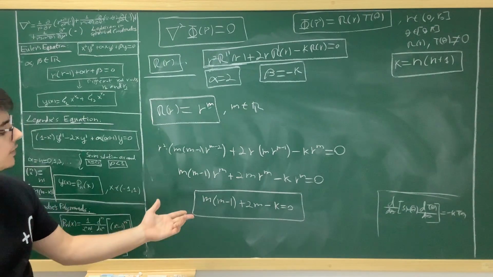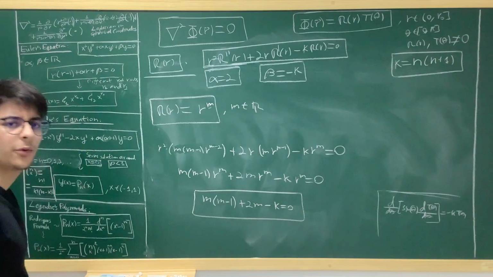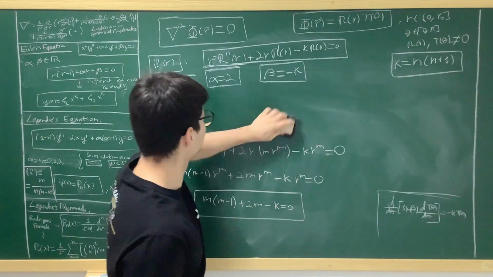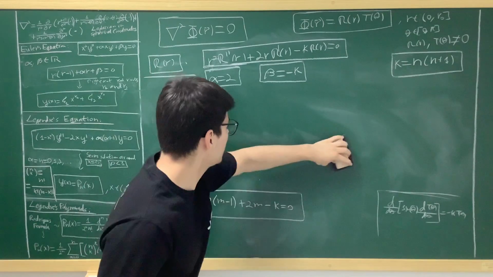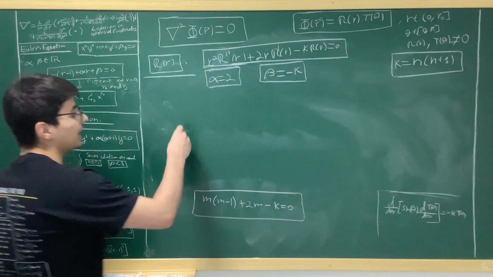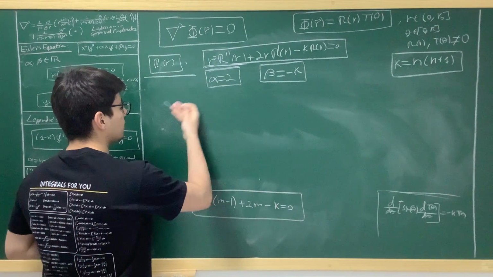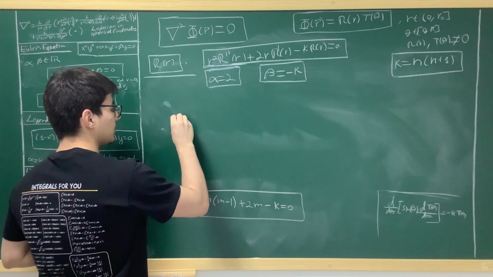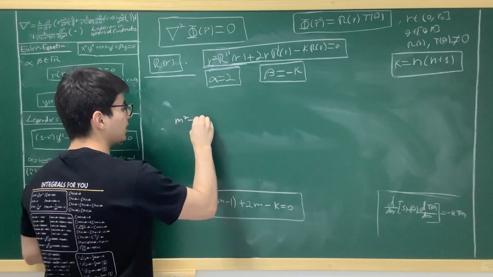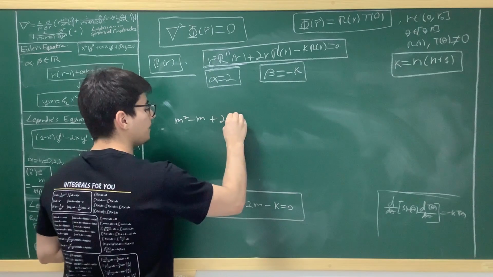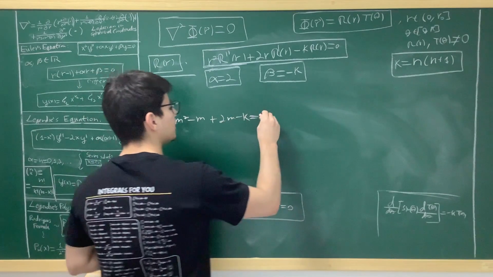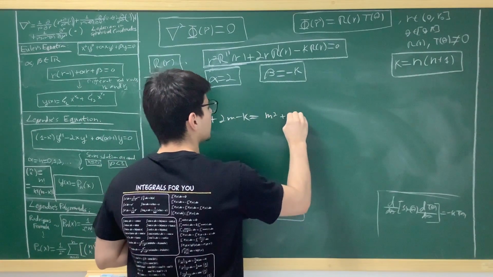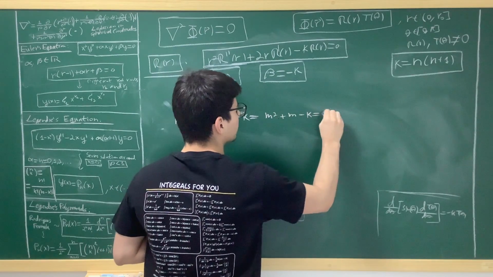Now, to solve this, let's just use a regular quadratic formula. We can expand this: m squared minus m plus 2m minus k is just m squared plus m minus k, and this is equal to 0.